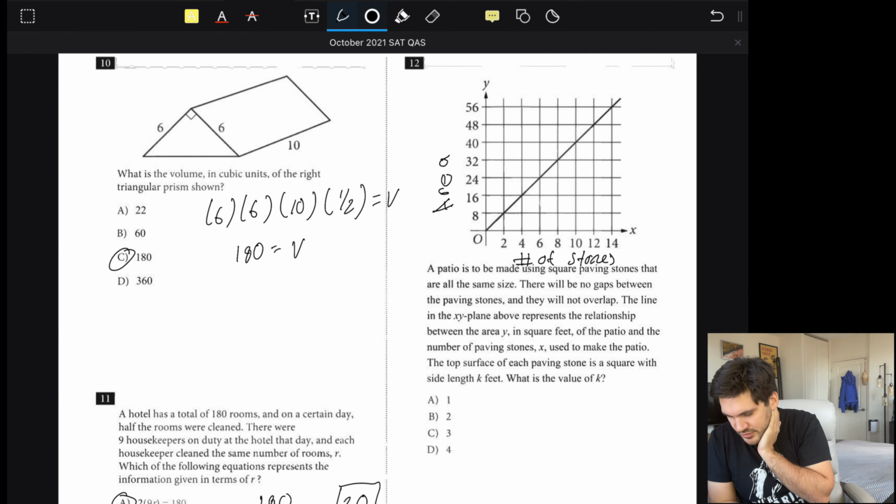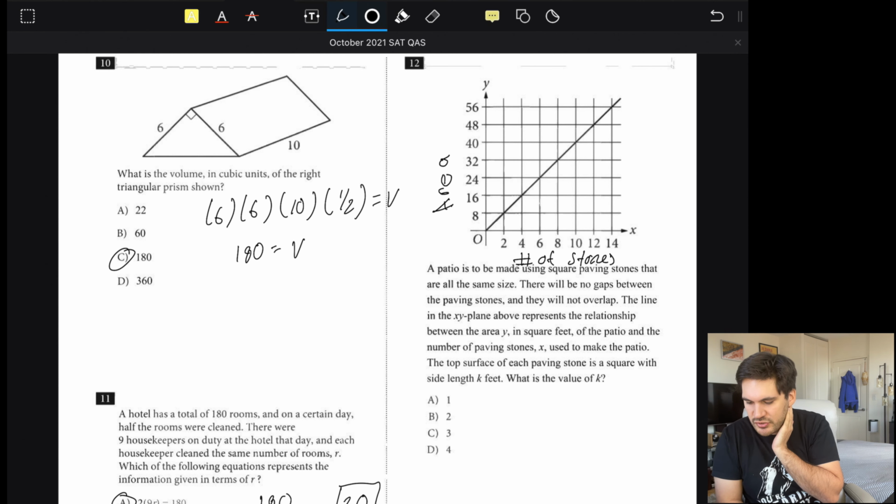So in other words, for example, when we have 8 stones, the area is going to be 32, which means that each stone would have an area of 4, because 32 divided by 8 is 4.